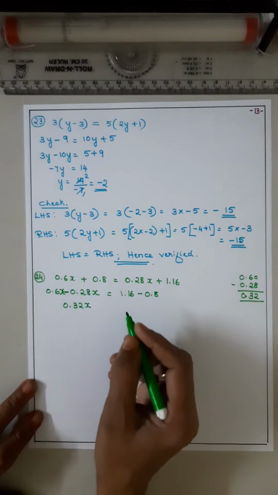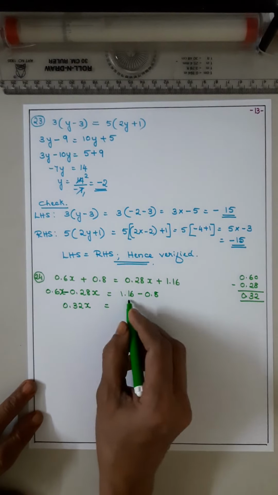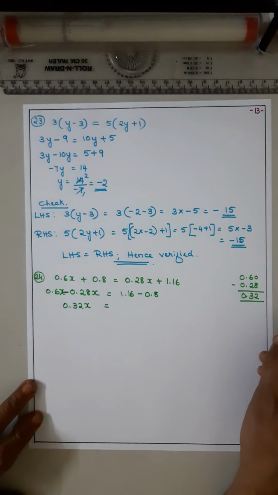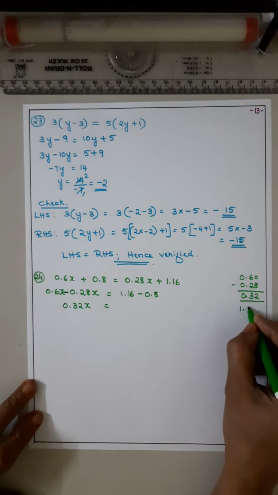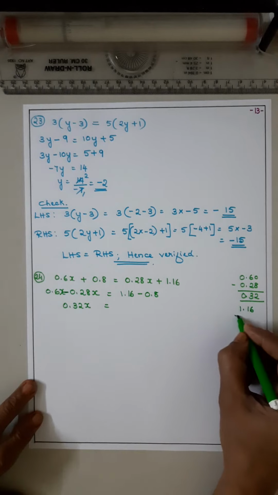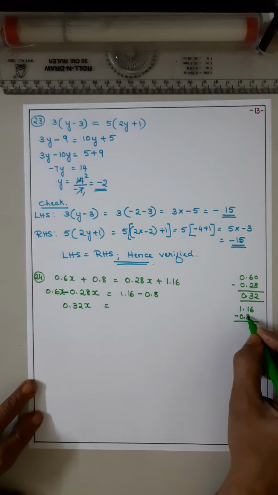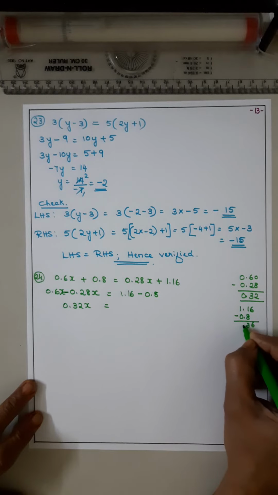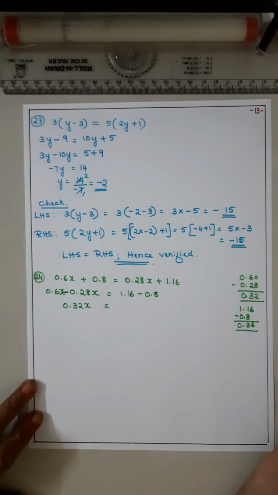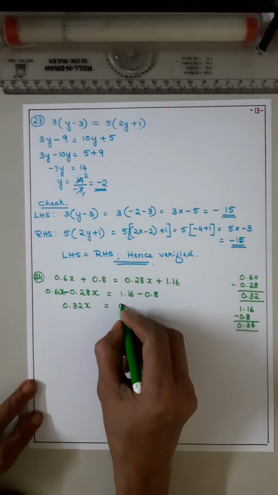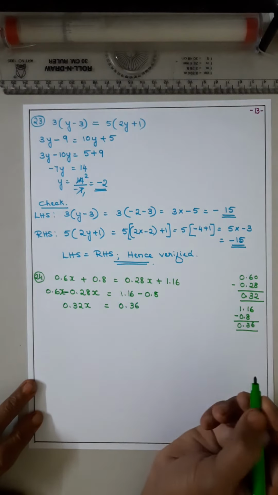0.32x is equal to, now when you subtract, it will be 1.16 minus 0.8. This one will be 6. 11 minus 8, 11 minus 8 will be 3. Isn't it? So it is 0.36.